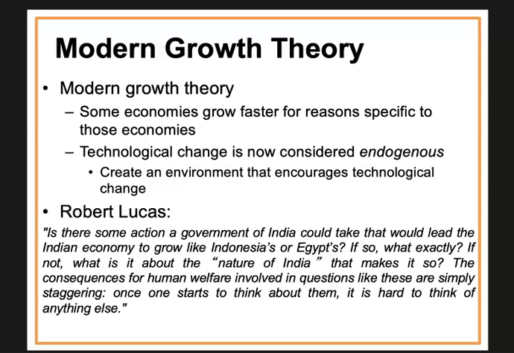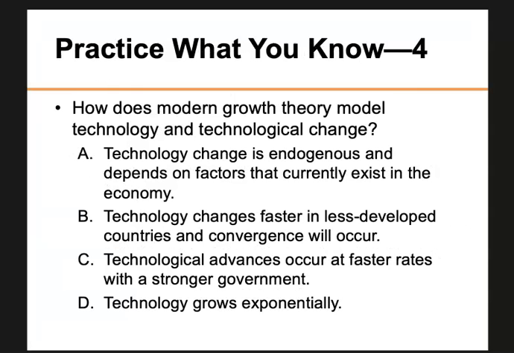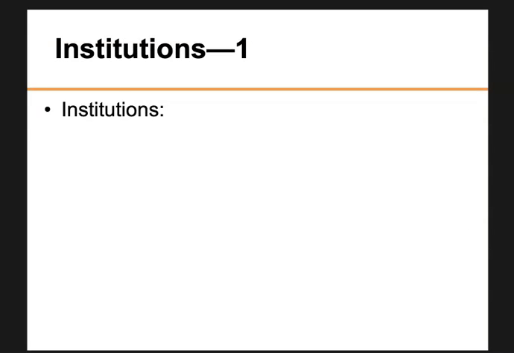On the other hand, if technological change is caused by factors inside the economy, endogenously, then we can influence growth by trying to change the economy so it fosters technological advances, right? So if it's endogenous, then we can do something about it, right?